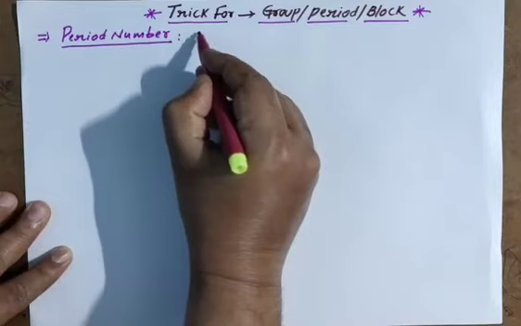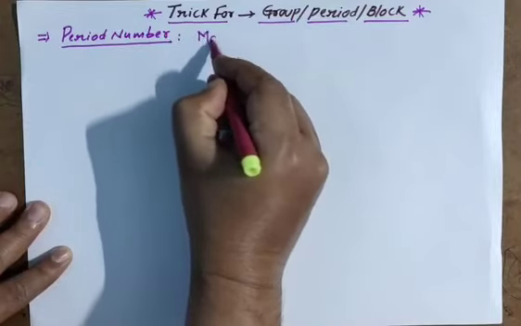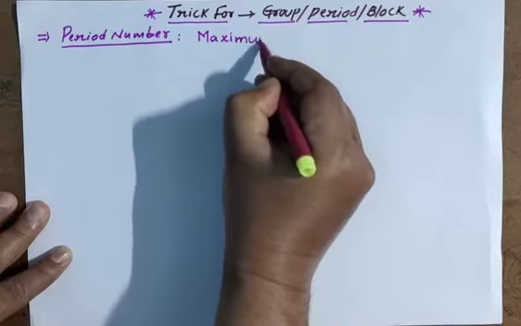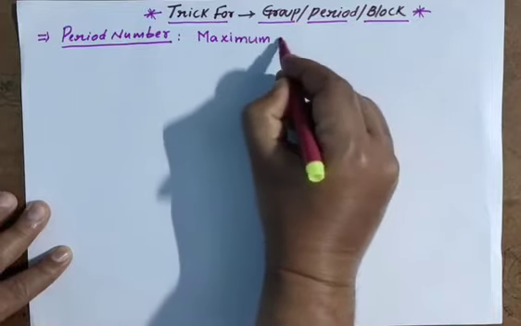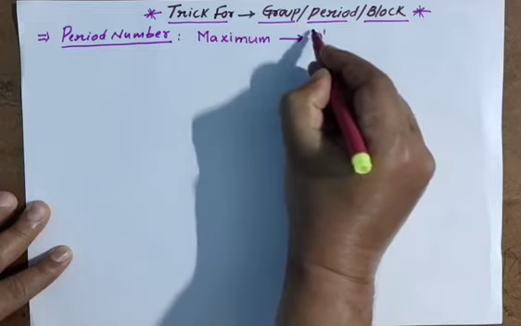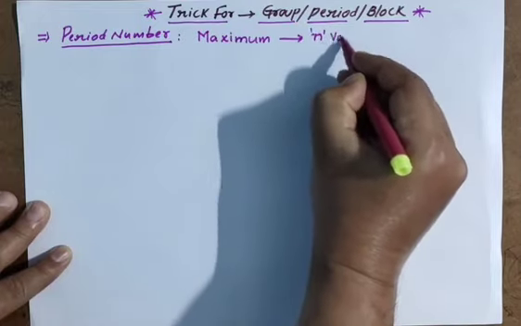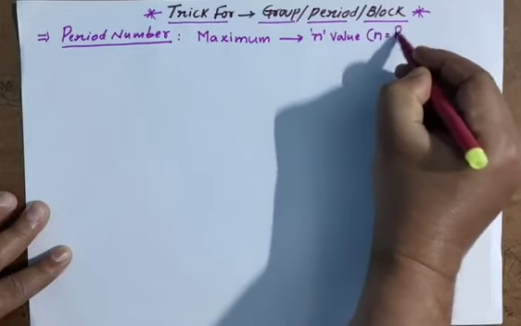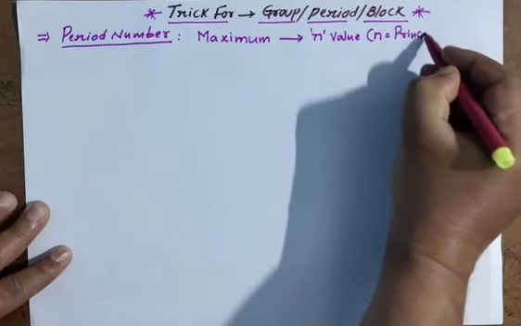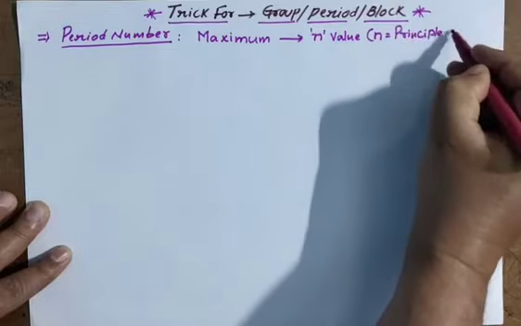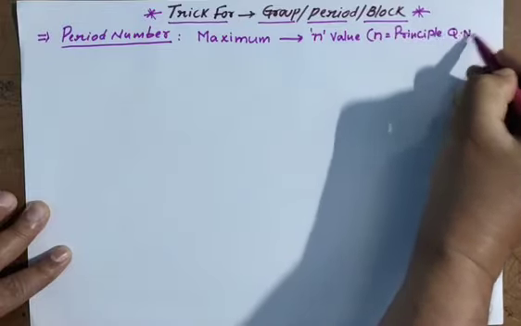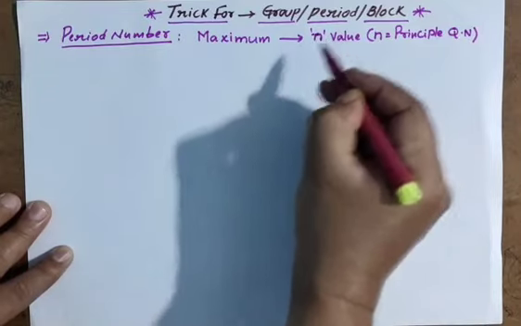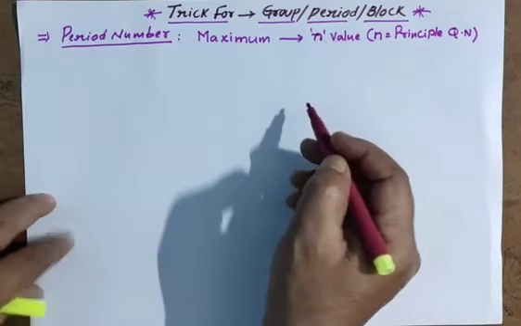So prediction of period number is very simple. The maximum n value, small n, where n is nothing but the principal quantum number. The maximum principal quantum number is equal to the period number.